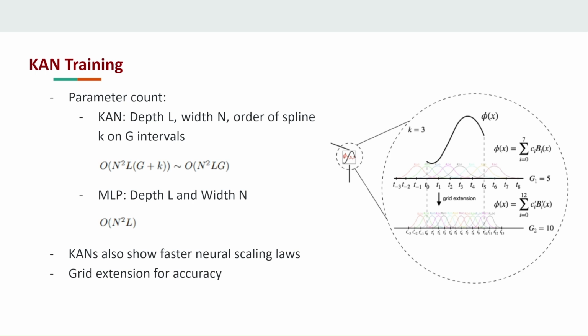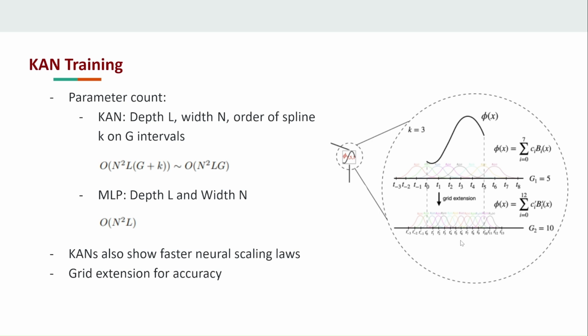And then the authors use grid extension to improve the accuracy of KANs. A spline can be made arbitrarily accurate to a target function, as the grid can be made arbitrarily fine-grained. So you just increase the number of grid intervals to allow for more basis functions, allowing for more local fine-tuning of the b-spline basis functions that we learn, allowing us to be more accurate.